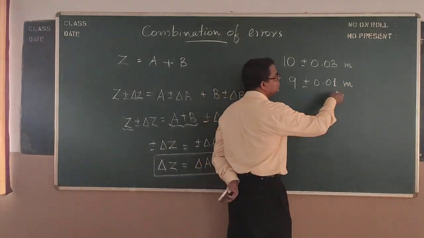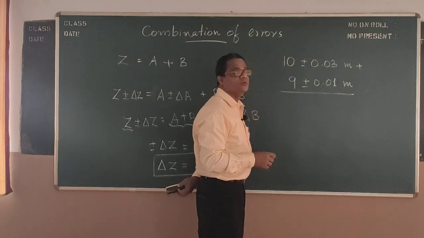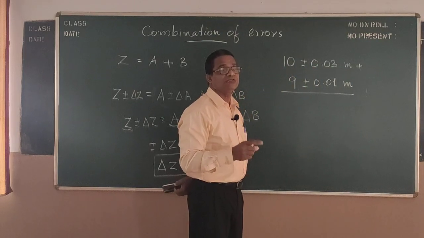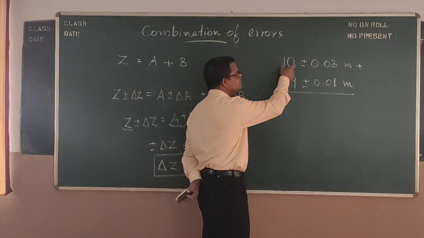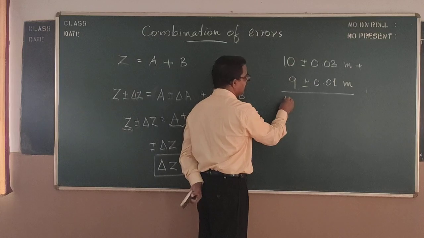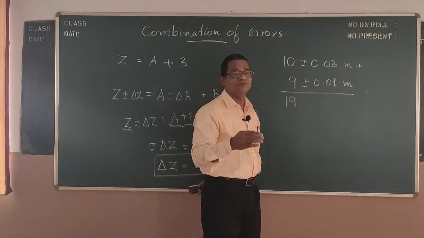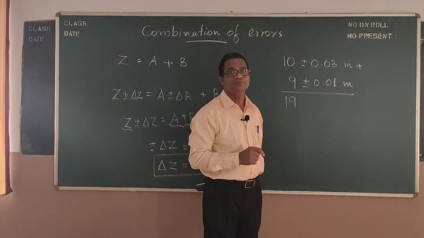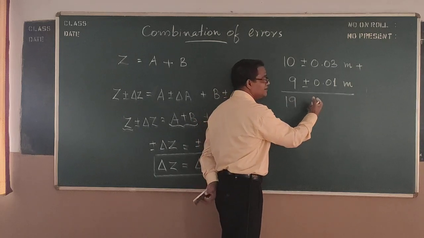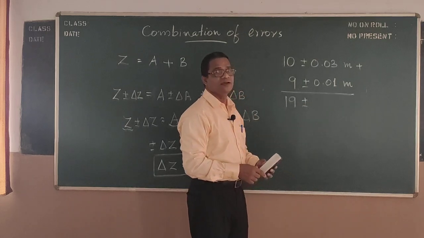So when I add the two results, I will add the actual values first. These two are the actual values, so 10 plus 9, 19 meter. This is the actual value of the total length of the rooms. Now come to the plus or minus part.